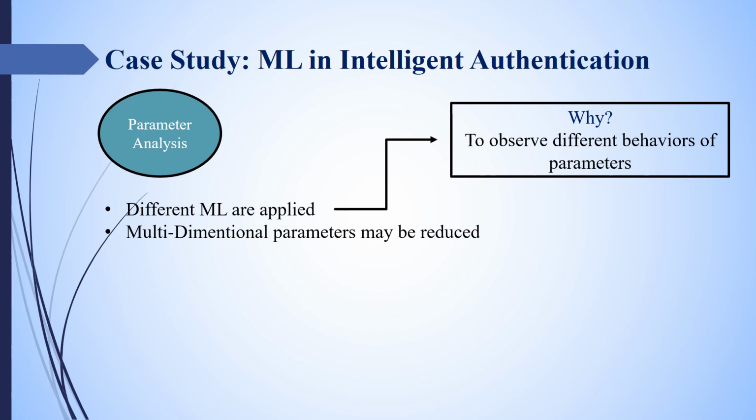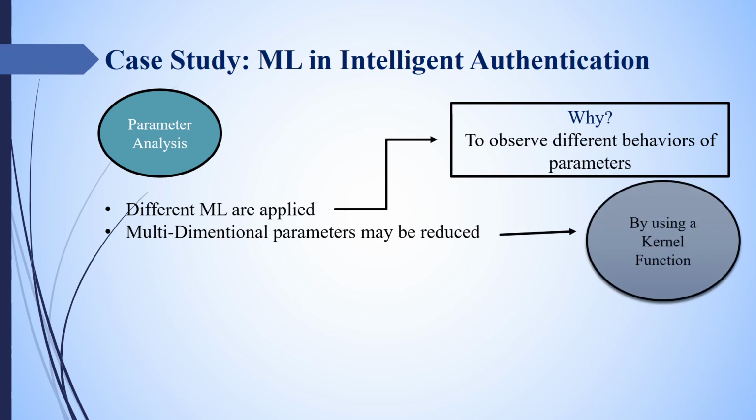Multidimensional parameters can be reduced by using a specific tool which we call a kernel function. A kernel function is something where we can provide any arbitrary function of our own into the algorithm, and the algorithm calculates according to it. Thus we can see that by applying different models, we can have different behaviors. Depending upon those behaviors, we can reduce the multidimensional parameters, thus producing an overall cost-effective model for 5G.